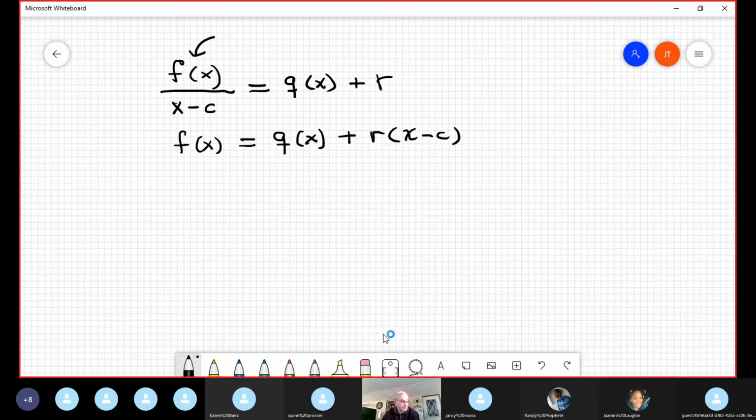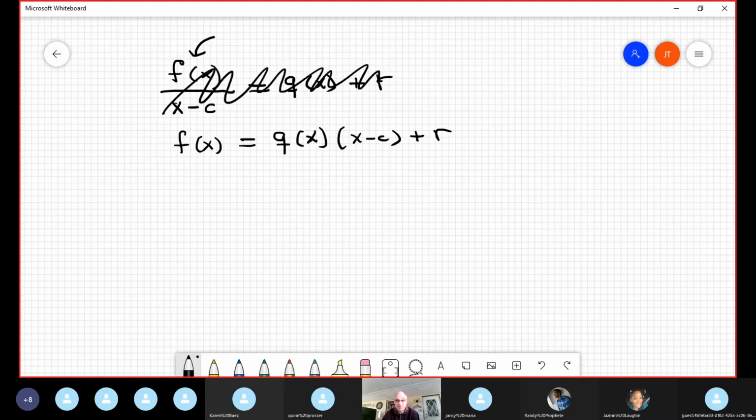Okay, look. The formula is the quotient multiplied by x minus c, plus r. Forget about this.